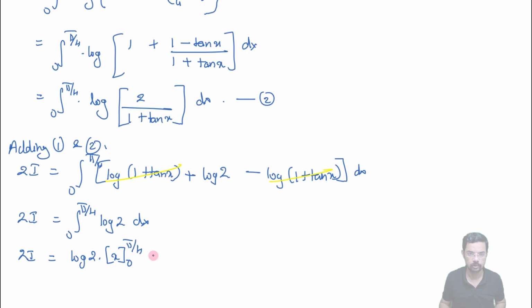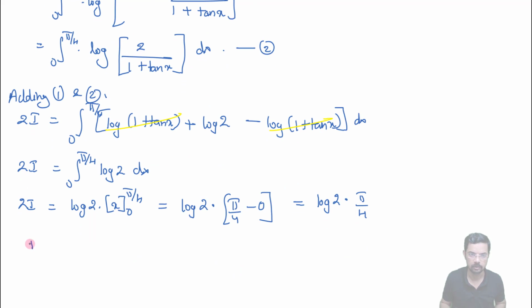When we put the limits, we get log 2 into pi by 4 minus 0, so that is equal to log 2 into pi by 4. So when we take this to I, I will be equal to pi by 8 into log of 2. This will be our answer.